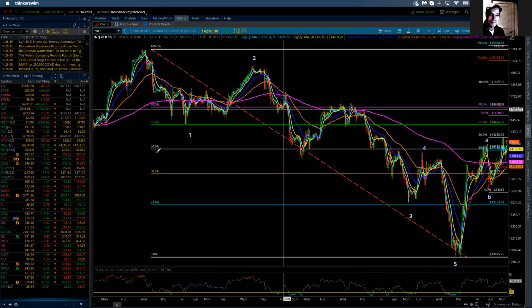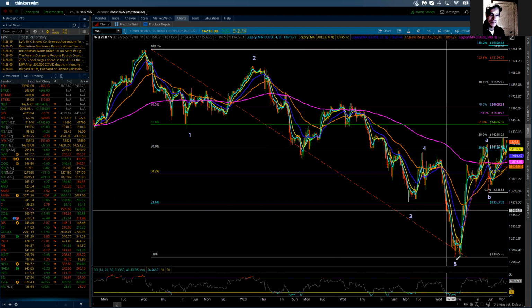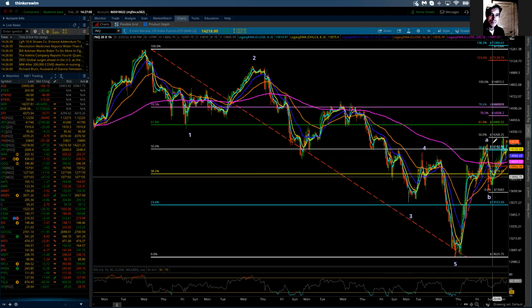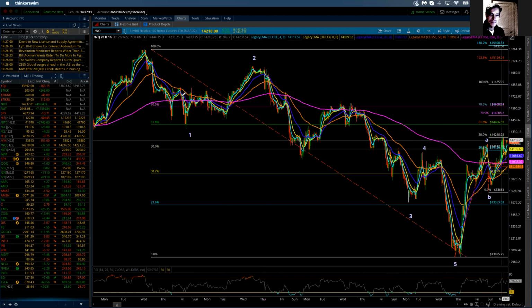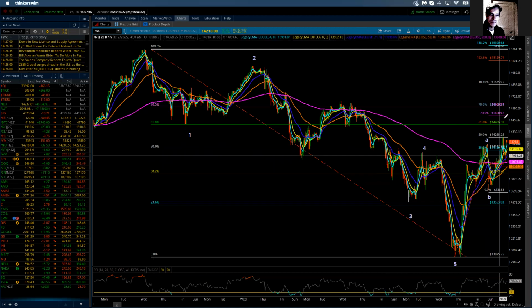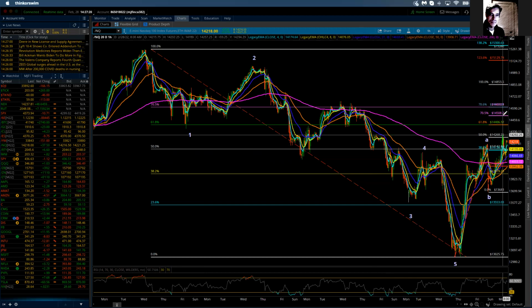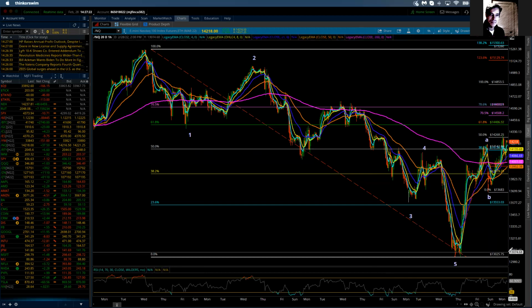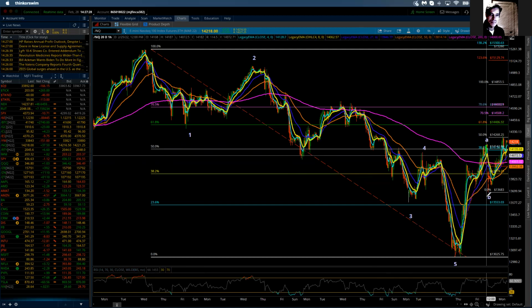Once that's complete, I will then again run up to the top, down to the bottom, up to the top of wave 2. So from here, length of wave 1, up to the length of wave 2, wherever it ends. And that's going to give us the anticipated parameters we could start wrapping around that third wave going down. I'm going to finish it right there.